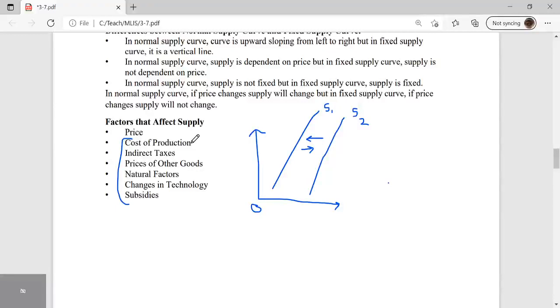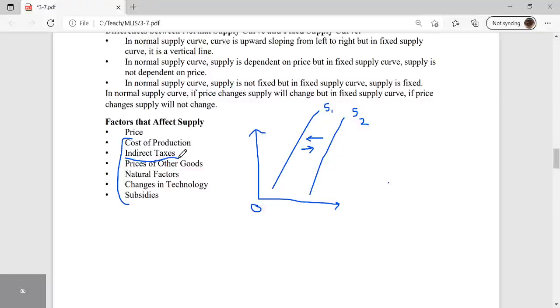Okay, next is indirect tax. Indirect tax means a tax on spending. The government collects this revenue from the people, from producer or consumer. In this case, we will be thinking like a producer. Suppose this indirect tax is charged on raw material. Then what will happen whenever the producers are buying raw material?